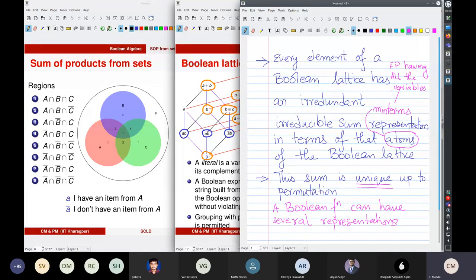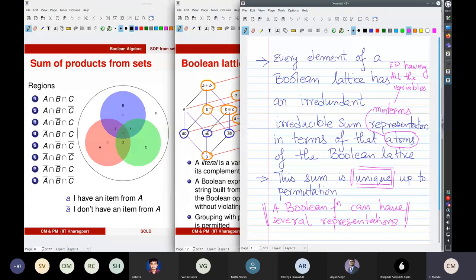So a Boolean function can have several representations, but the representation in terms of its mean terms is unique.